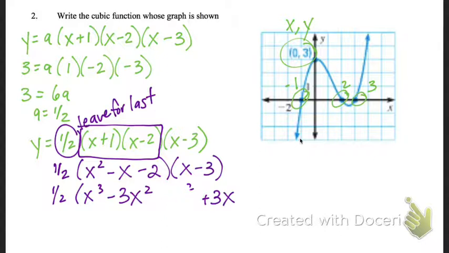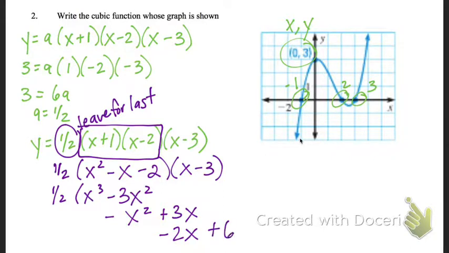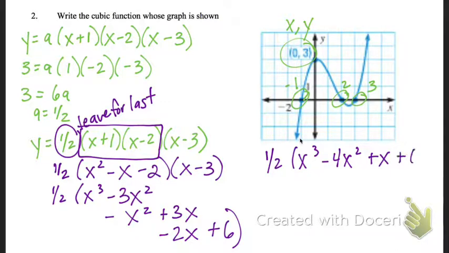Should I stack? Yes. Let's stack. And then minus 2x plus 6. So when I add the stacks, x cubed minus 4x squared plus x plus 6, then I distribute.